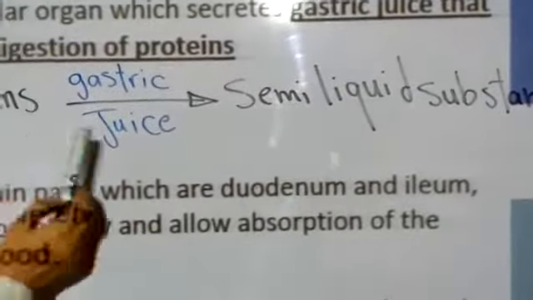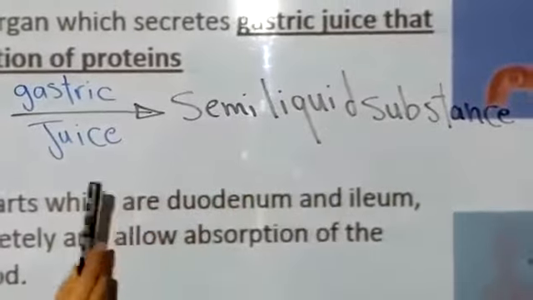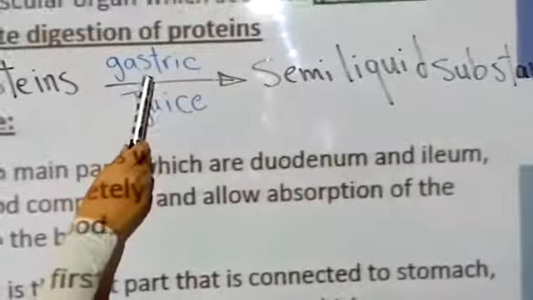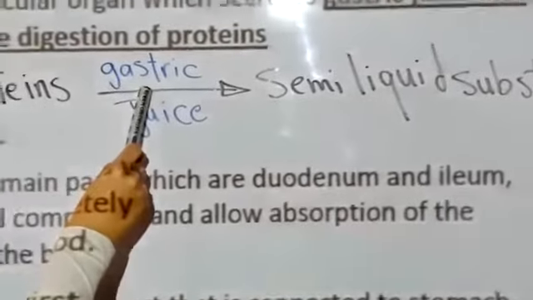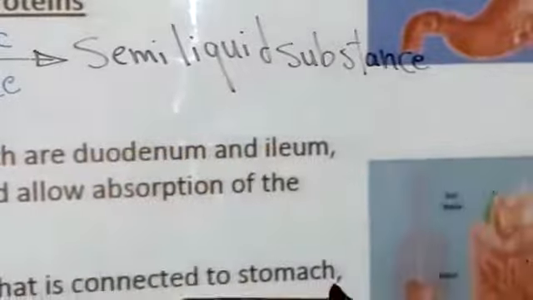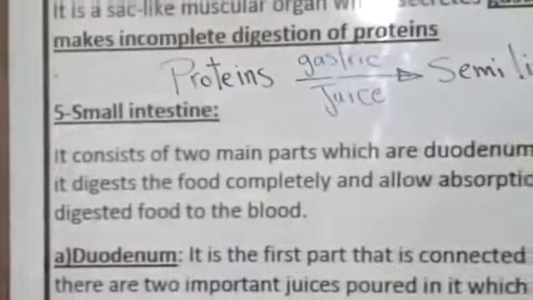Gastric juice is secreted in the stomach to change proteins into a semi-liquid substance. This is the stomach.